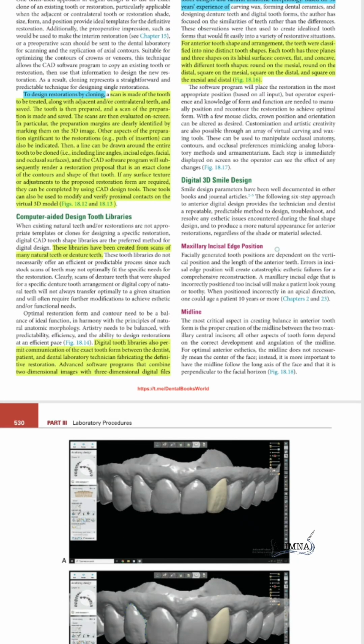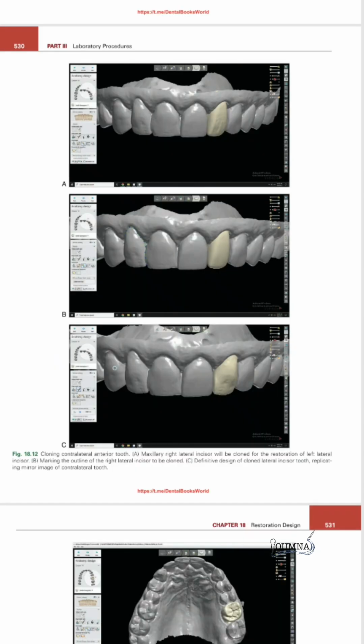How it is made is by replicating the contralateral anterior teeth. For example, in this case, the maxillary right lateral incisor will be cloned for the restoration of a left lateral incisor. We will clone this by this.